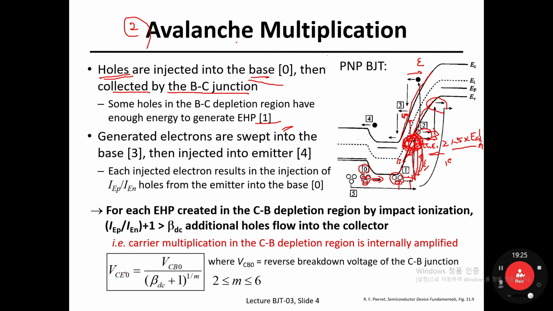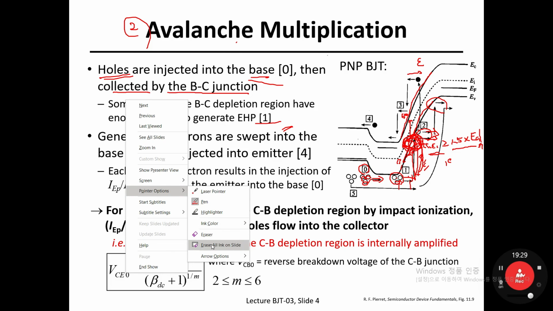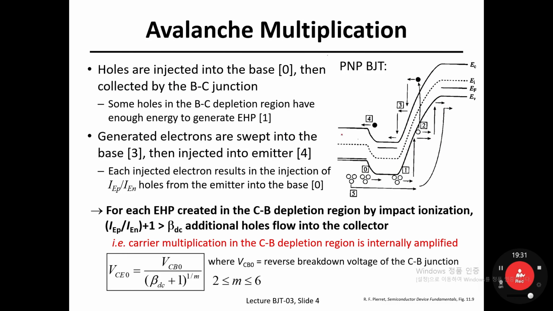Let's take a look at how the generated electrons, not holes, the generated electrons, travel throughout this PNP device. So I'm talking about this. Once EHPs, electron-hole pairs, are created, then electrons would move toward the emitter side because a built-in electric field has been formed in this direction.